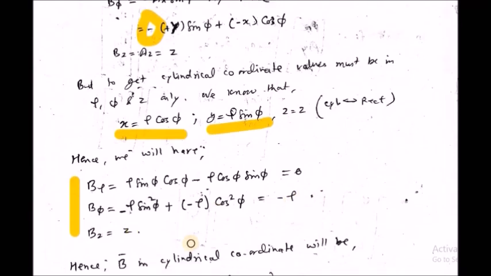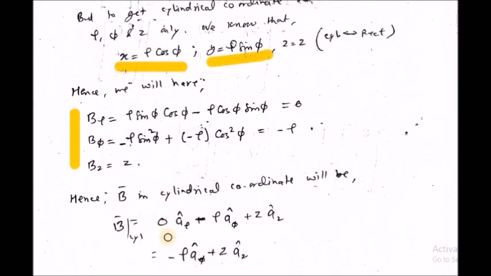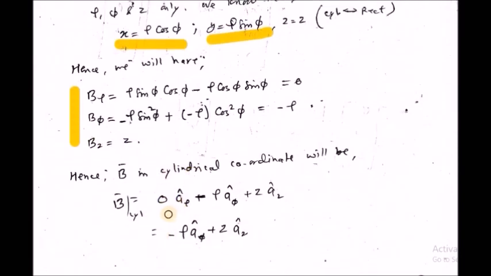So your final solution will be B rho in the direction of a rho plus B phi in the direction of a phi plus Bz in the direction of az. So B in cylindrical coordinates will be 0 a rho, because B rho is 0, plus B phi, which is minus rho, a phi, plus Bz az, and Bz is z, so plus z az.